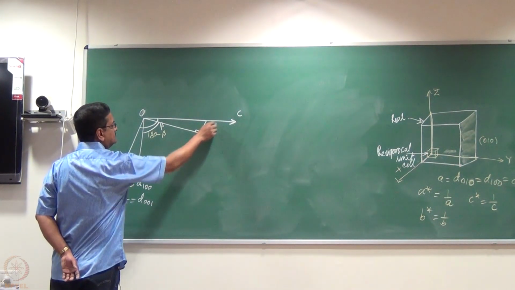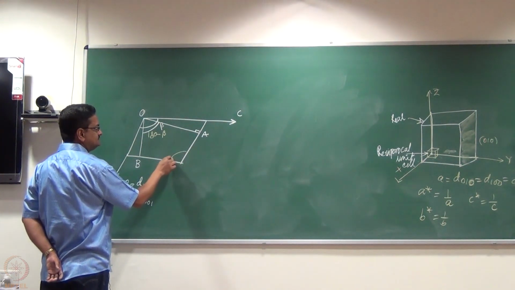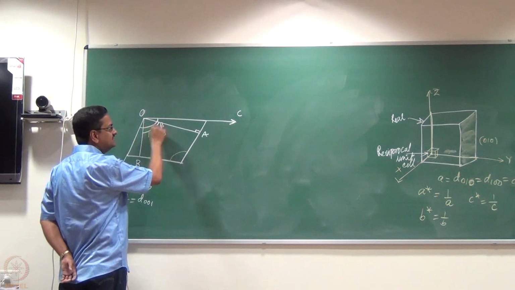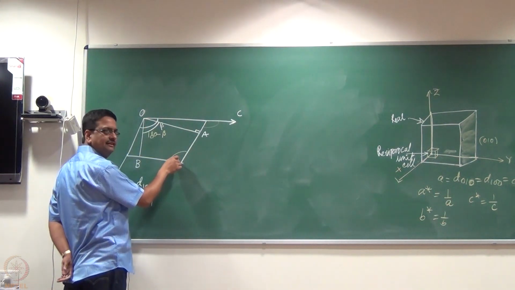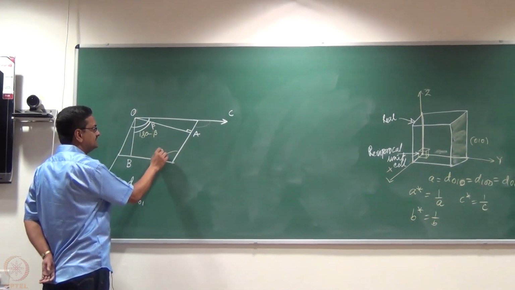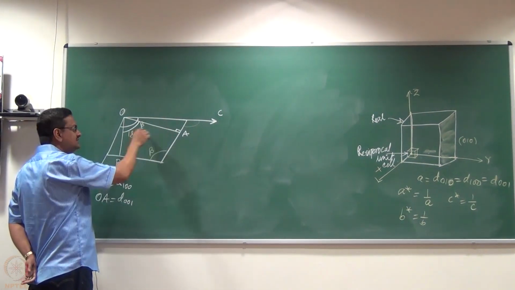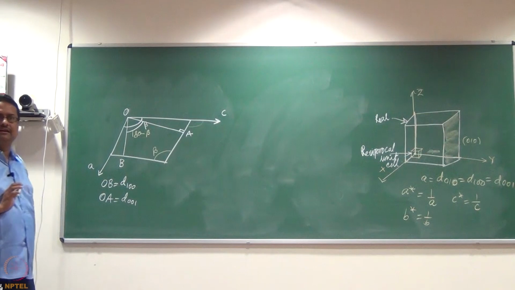Which angle? This angle is also beta. If this is beta, that is beta, so this is also beta. Same thing. And these two are 90s. So the internal angle should be 180 minus beta.